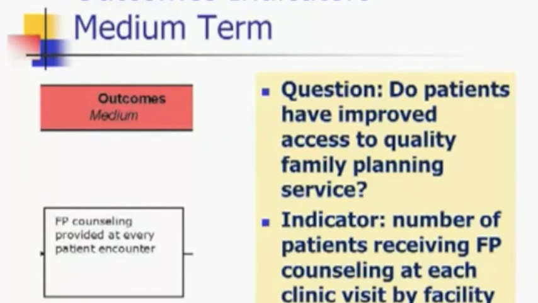In this case, the medium-term outcome is family planning counseling is provided at every patient encounter. And the question that I might ask is, do patients have improved access to quality family planning service? And the indicator might be the number of patients receiving family planning counseling at each clinic visit by facility each month.